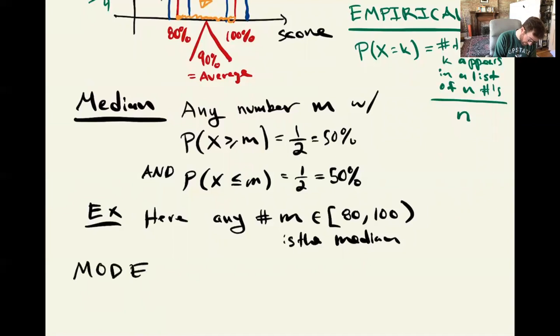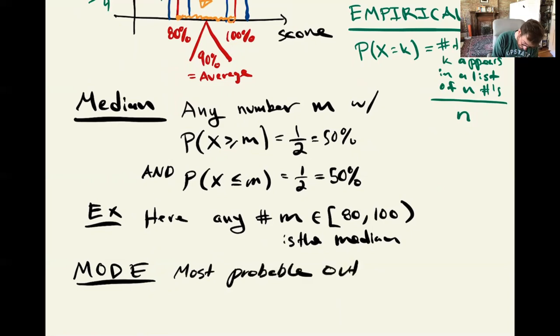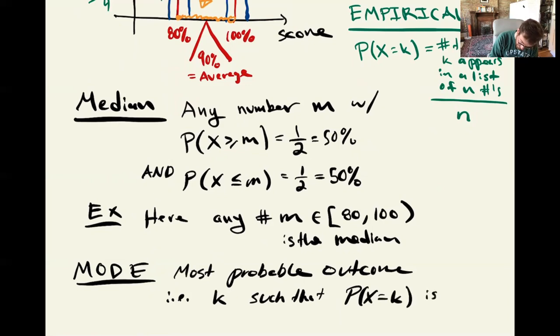So what's the mode? Well, in this case, both 80 and 100 are modes. So this is the most probable, i.e., you might think of it as k such that the probability of x equals k is the maximum possible value.